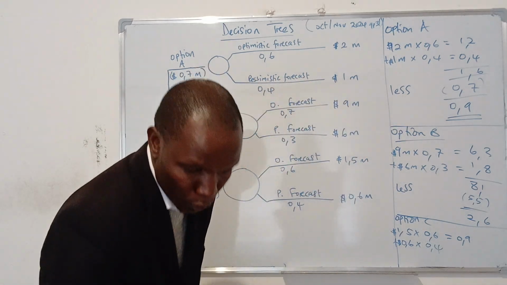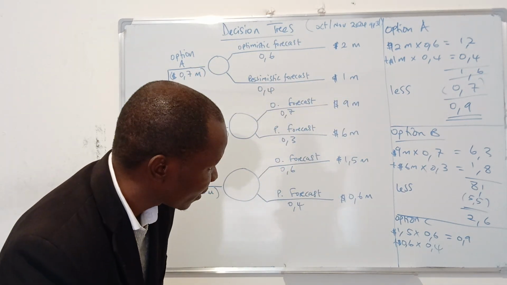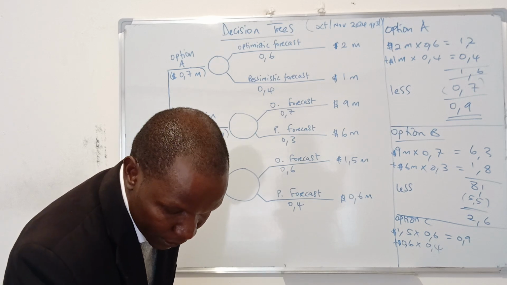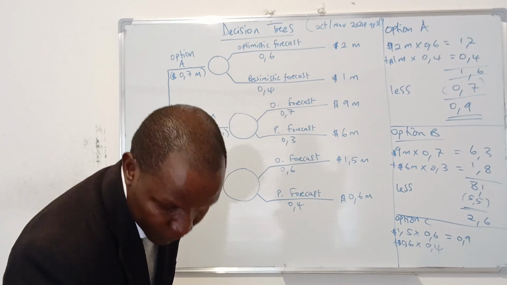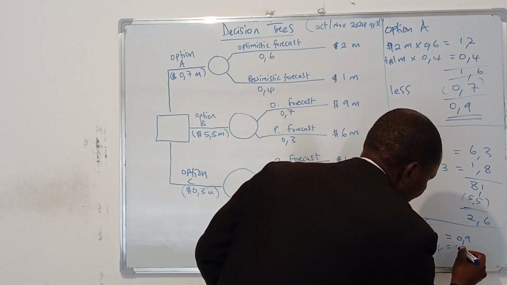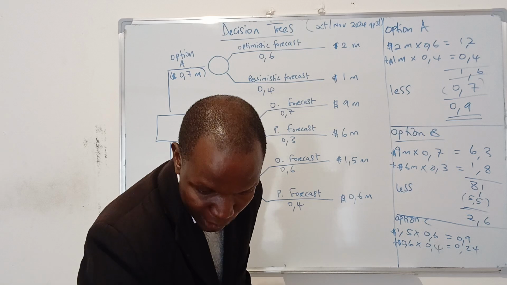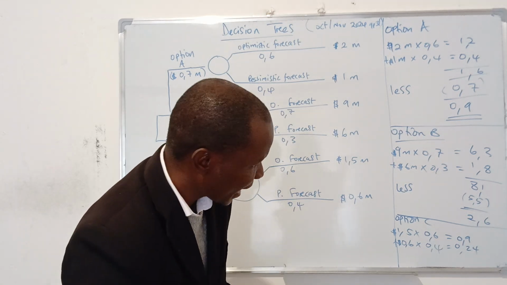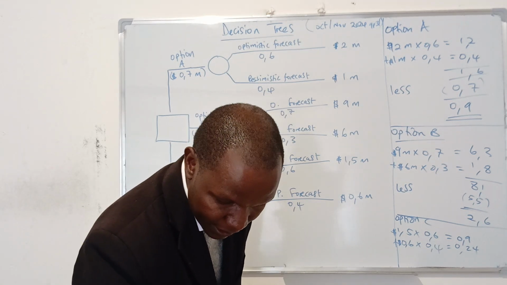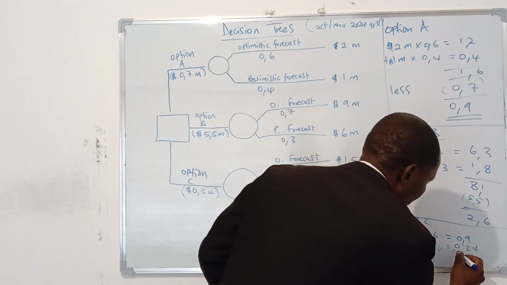And then you add that to 0.6 times 0.4, which gives you 0.24. If you add the two, 0.24 plus 0.9, it gives you 1.14.